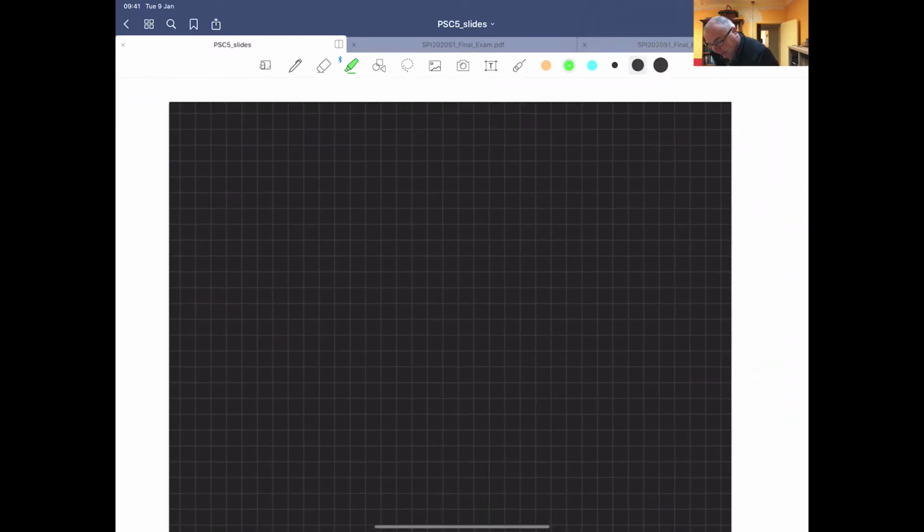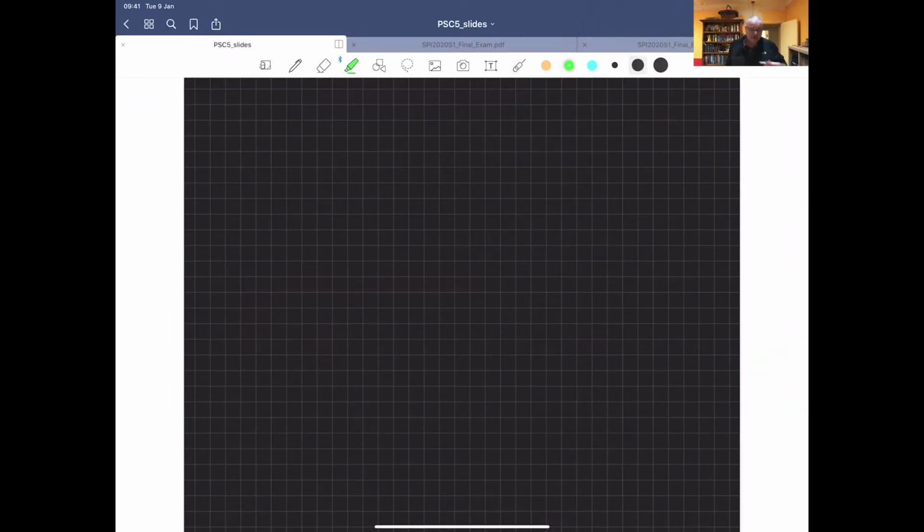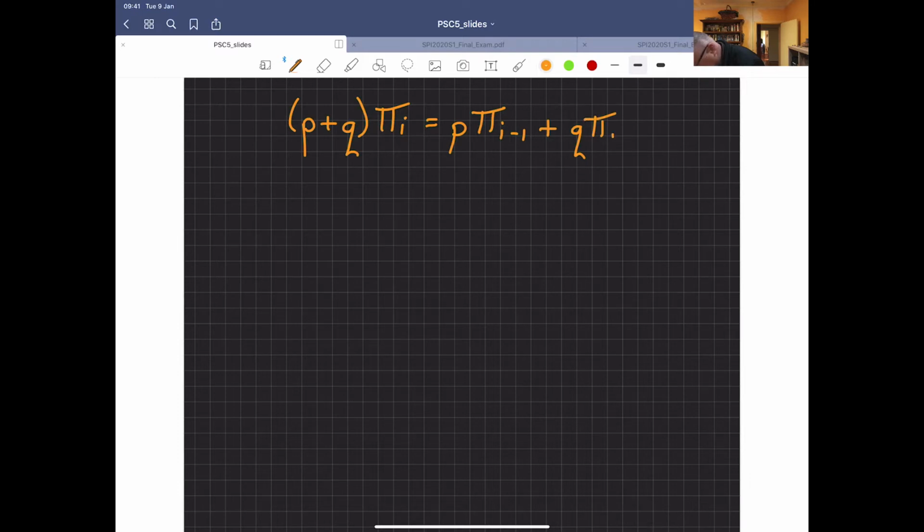The whole idea is we're going to guess a solution, substitute it in and solve. It's a matter of just knowing this. You might have seen a similar approach in second order DEs, but this is almost like the discrete version of that. First of all, if we rearrange it, we can write our first equation, not the boundary one, as (P plus Q) pi I equals P pi I minus 1 plus Q pi I plus 1.